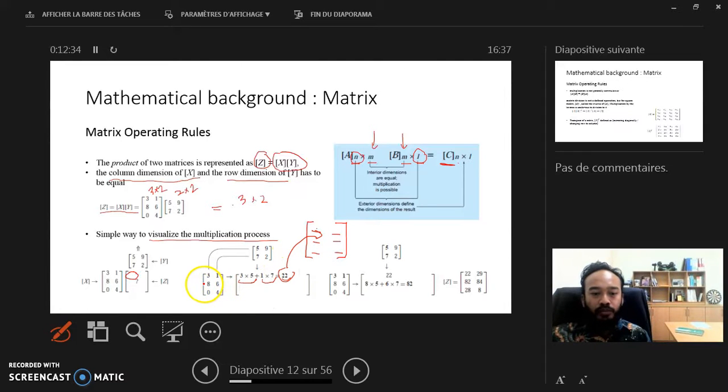Then you move to the second row, first column, and so on, until you get the result as such. This is just a review. I might give you some exercises to practice, to make sure that you revise your matrix operations well.